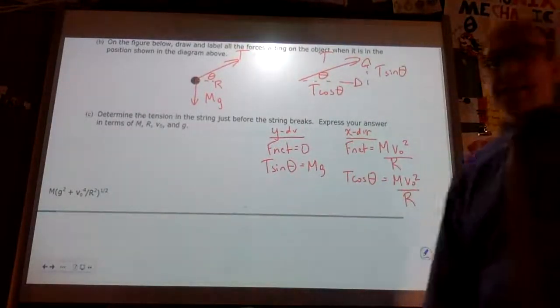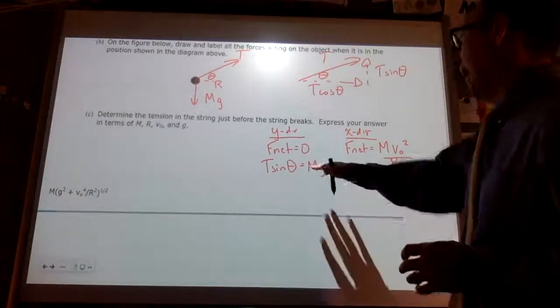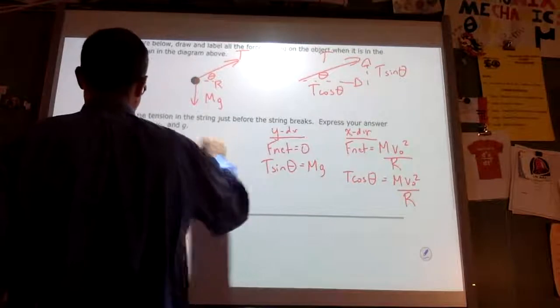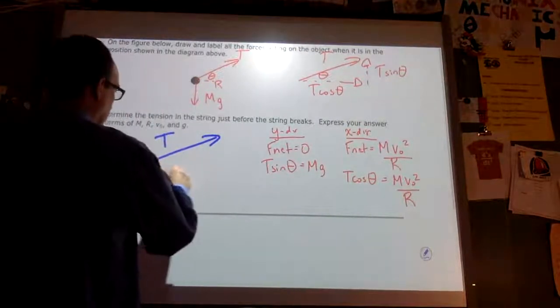All right, I'm going to have to use a trig identity that you might not have learned yet. But so what we have, if we look at our triangle, is we have T going this way.